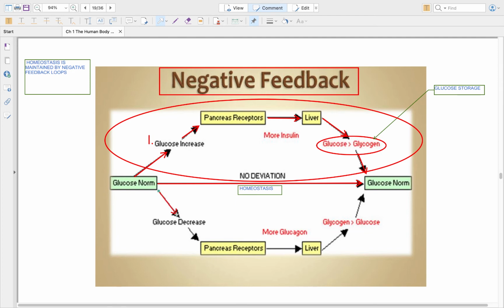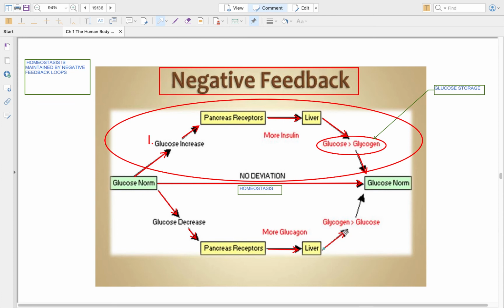It's going to elicit a response. In fact, your pancreatic receptors will respond to that, and they will instruct the liver through a signal called glucagon to release glucose that we have stored away.